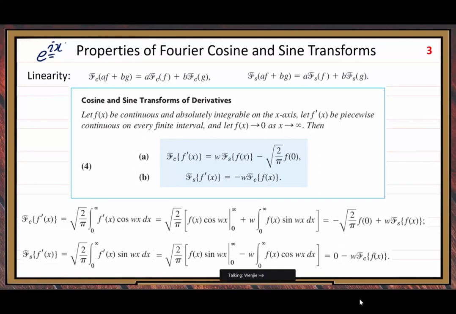So the Fourier transform returns a complex function with a real part and an imaginary part. That's the main difference. Then when you come back, you get a real function.